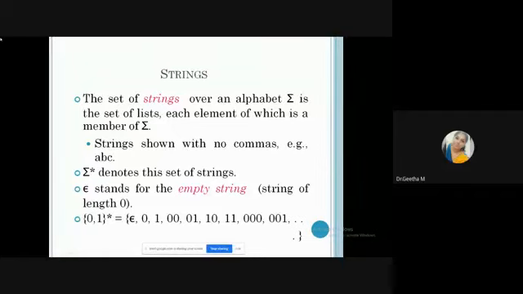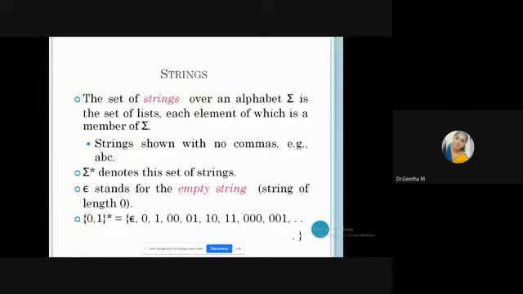Sigma may consist of any number of strings. Strings can be represented within curly brackets, with each and every string separated by commas. In between characters we should not give any commas, but different strings are separated by commas.